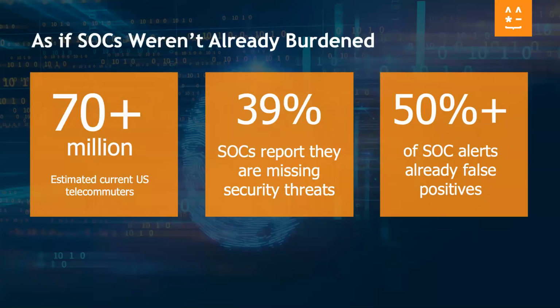Just some brief statistics. As you know, during the COVID situation, about 70 million people in the United States are working from home right now. What does that really mean? It means a lot of increased traffic on your VPN devices and on your entire network. A lot of companies are reporting that while users are working from home, visibility on these users has decreased.